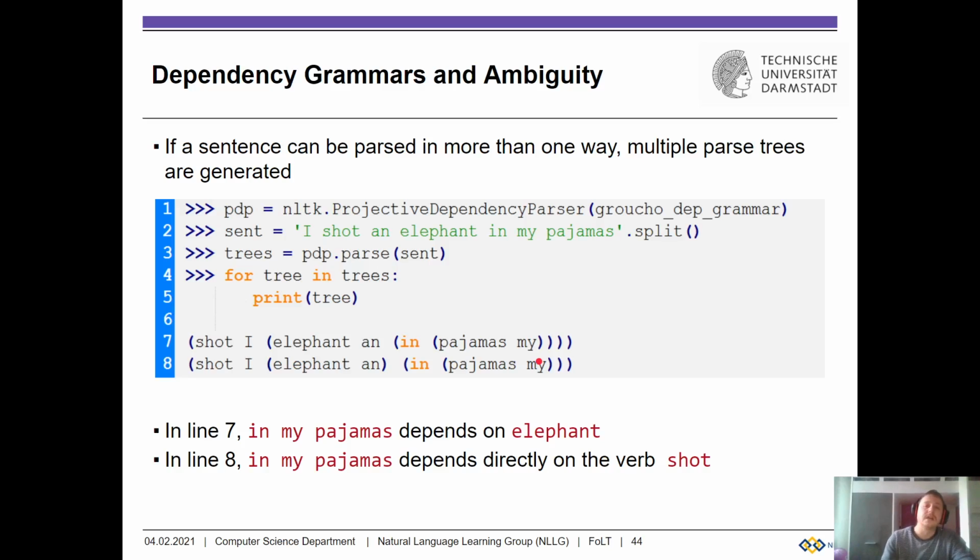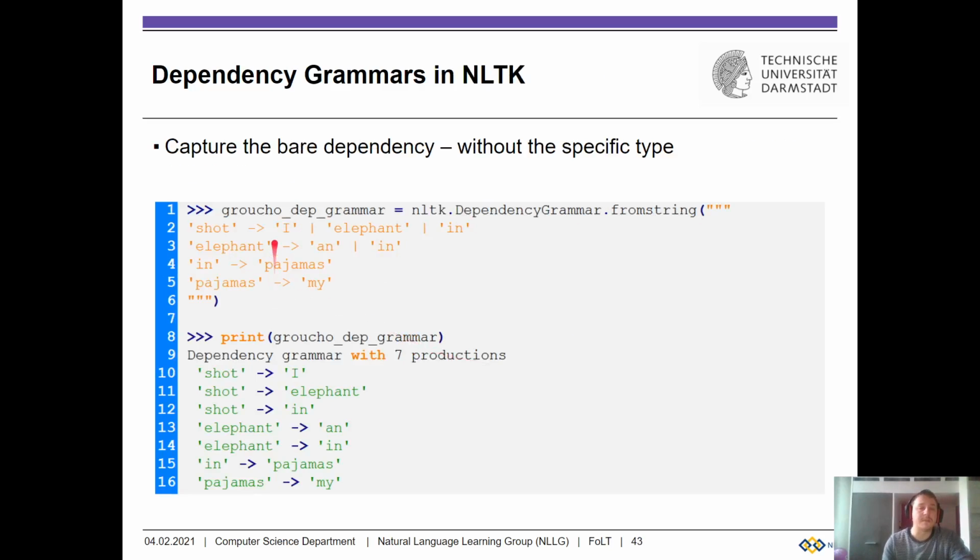Okay? So now if you look at this grammar that we specified here, you might argue that compared to the context-free grammar or the constituency grammar that we've shown previously, it's somehow more unrealistic.